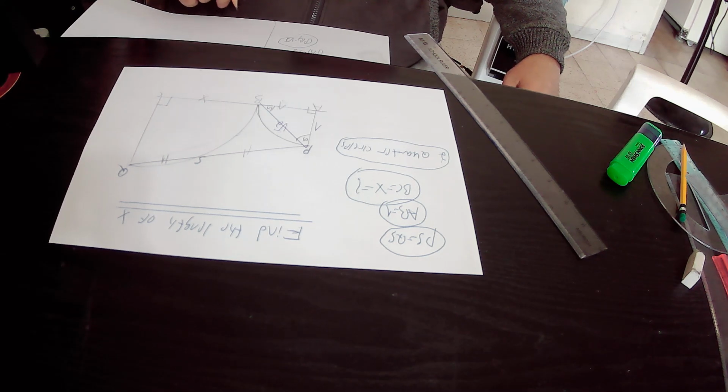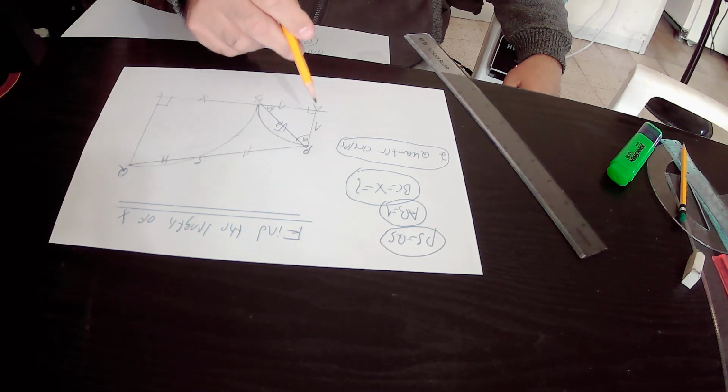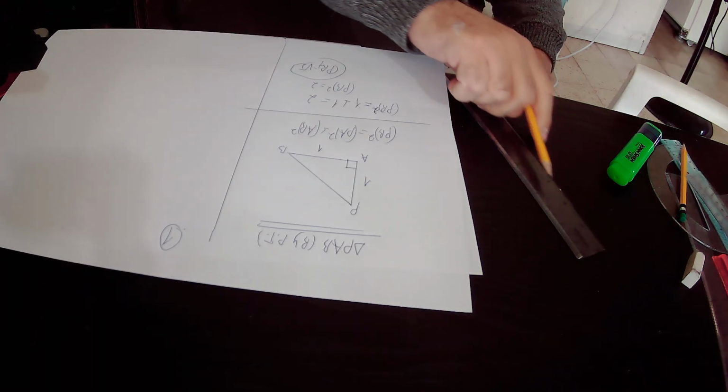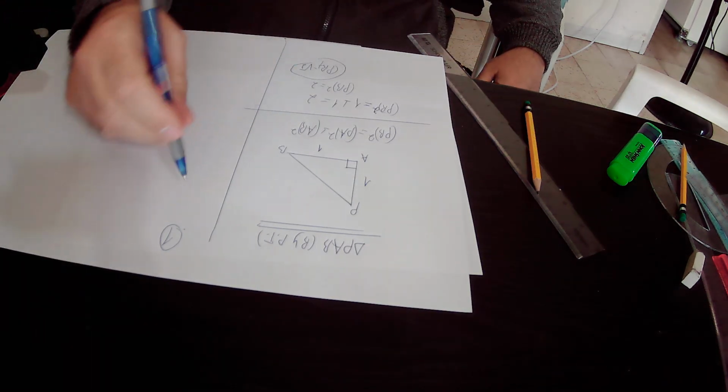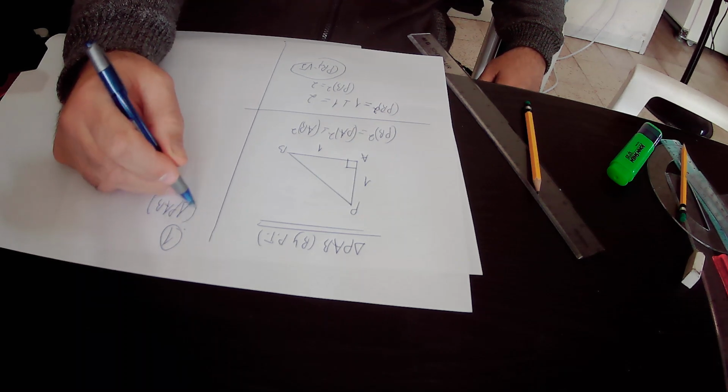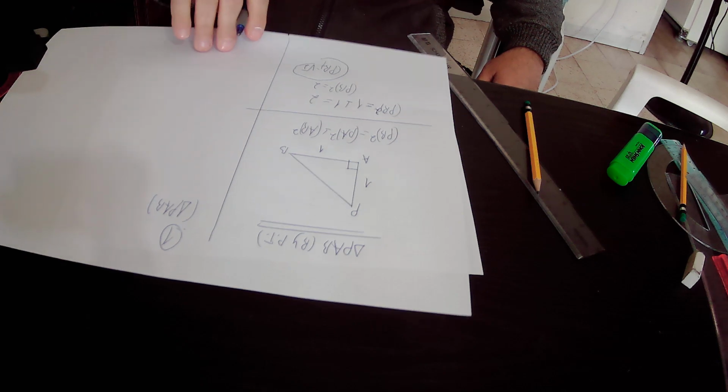And we also know that the sum of the angles in any triangle is equal to 180 degrees, and especially it is true in the right triangle PAB. So the sum of the angles in the right triangle PAB must be equal to 180 degrees.